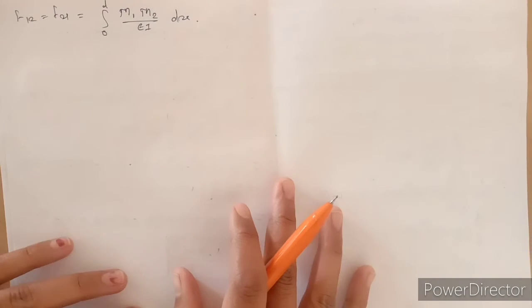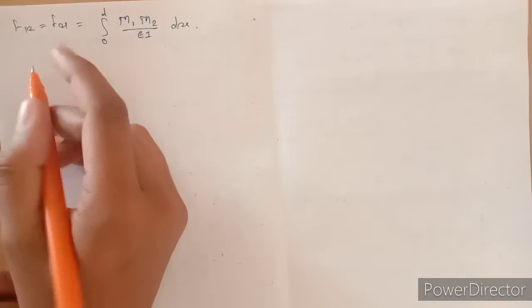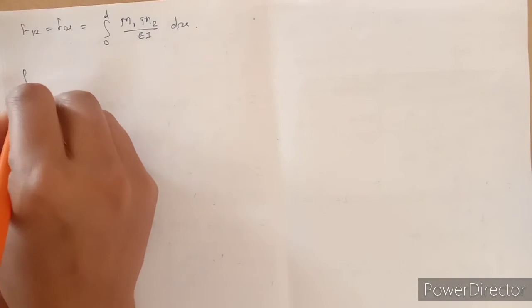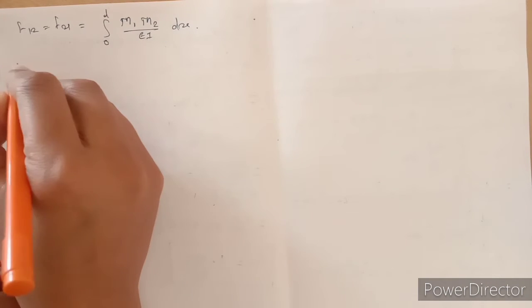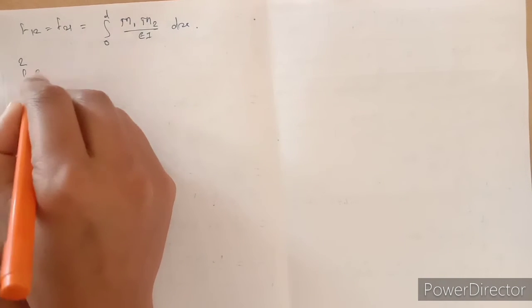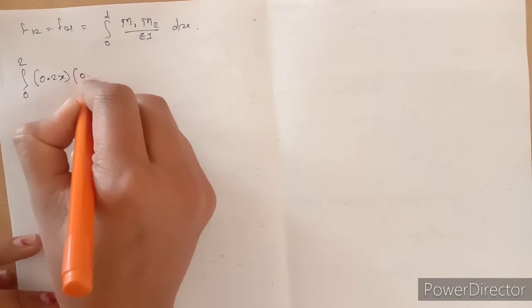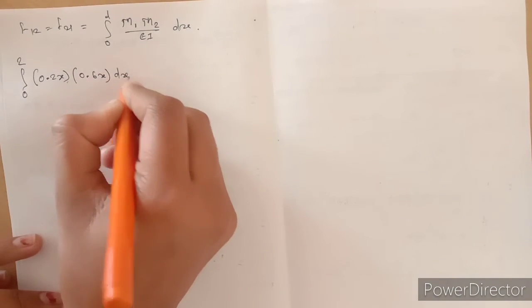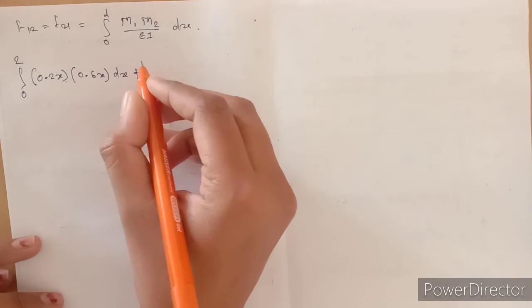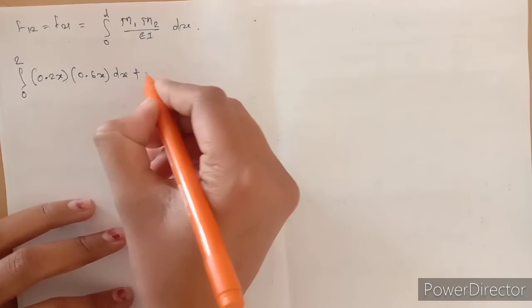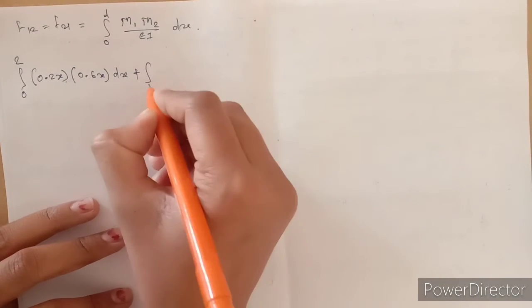So first we take the CD zone. For the CD zone our limit is 0 to 2. So m1 is 0.2x and the m2 value is 0.6x into dx, plus another zone, that is the CB zone.